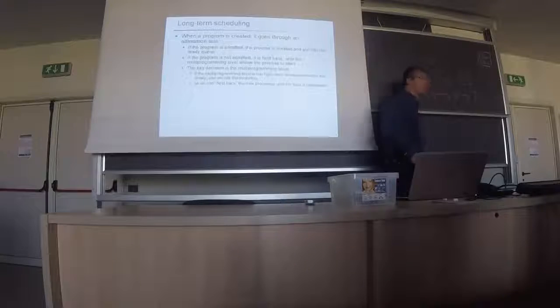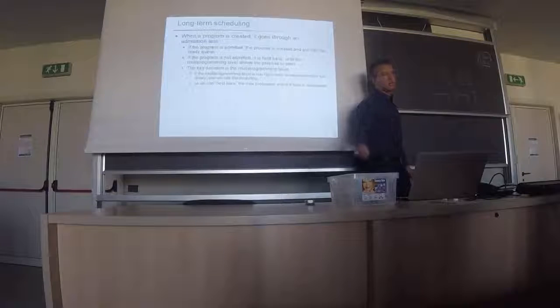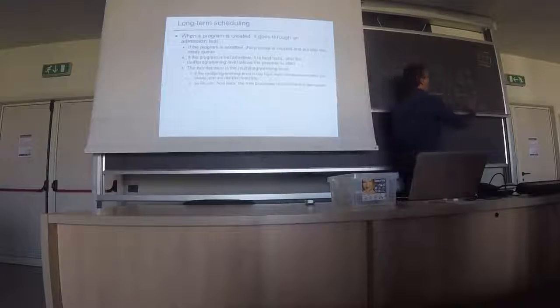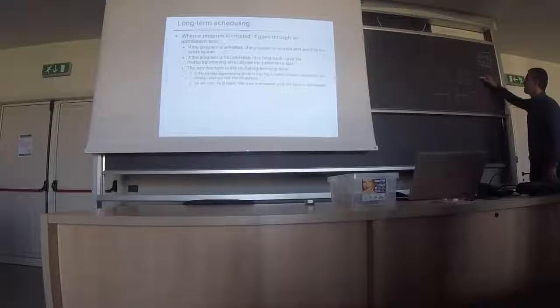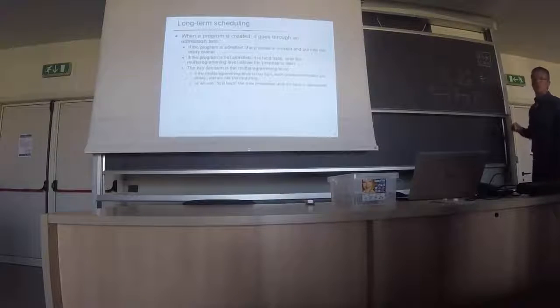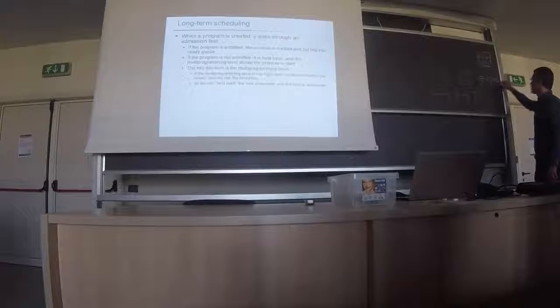If you compute the utilization, we will see that in more detail later, utilization is the ratio between execution time and period. So you have 2/3 plus 2/3, and that means 4/3.